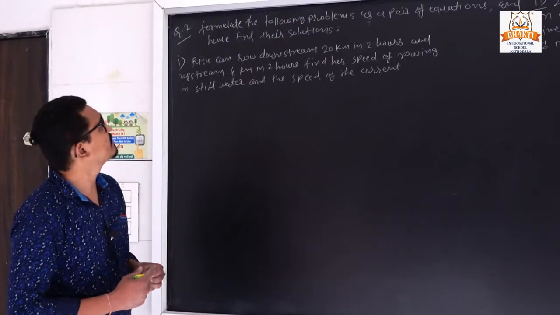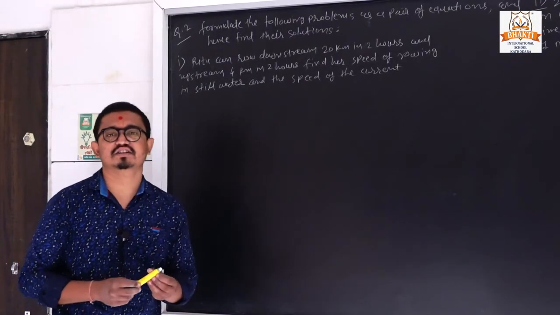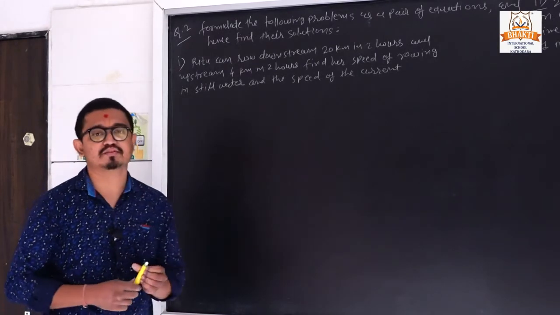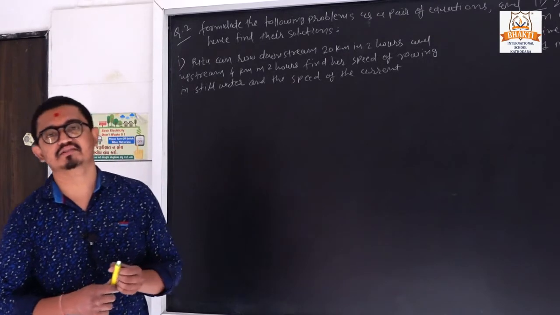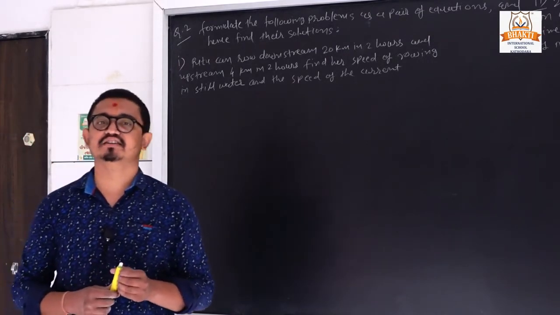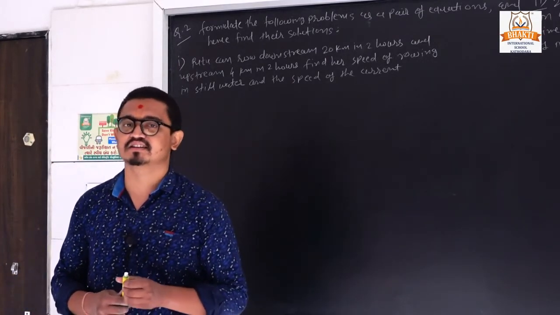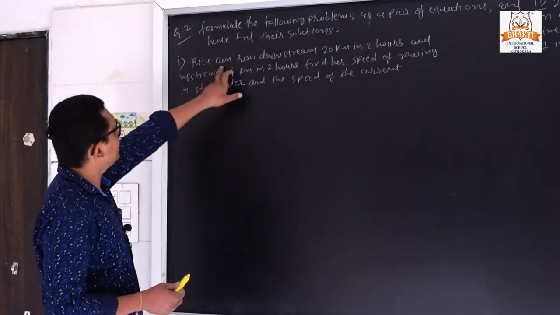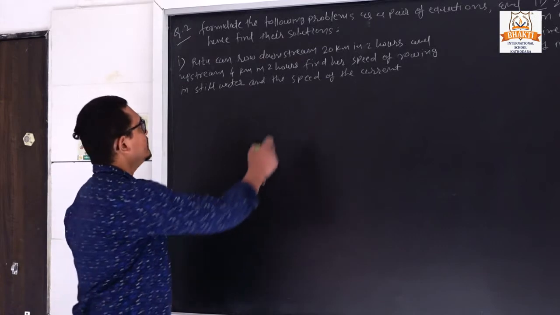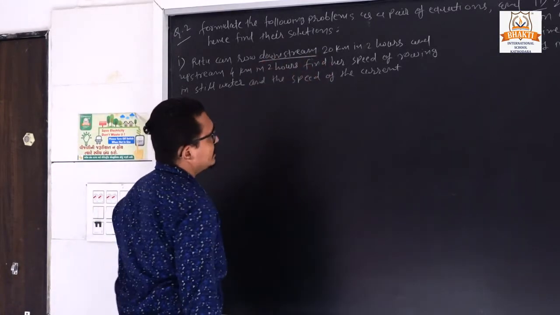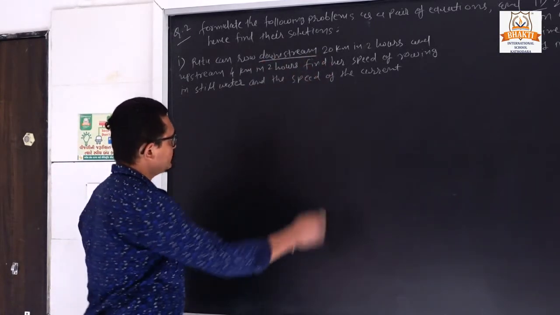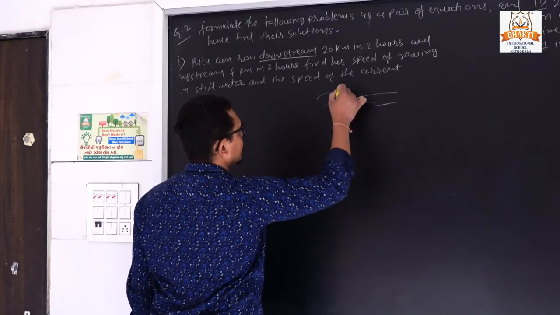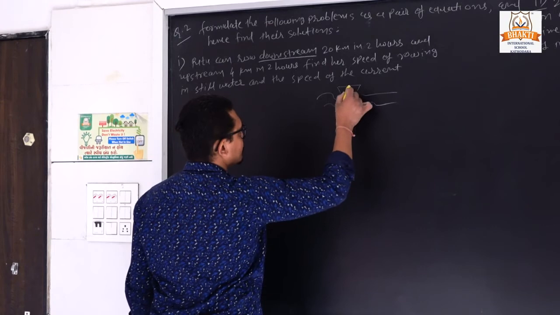Question number 2. So from the second question, we have the problem sum. Clear? So in a problem sum, what happens? First of all, we make the equation for them, and then we can find the solution for that linear pair. So here in question 1, Ritu can row downstream. Down means what? Suppose this is our river and this is our boat.